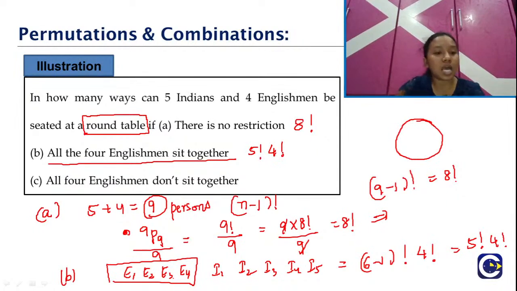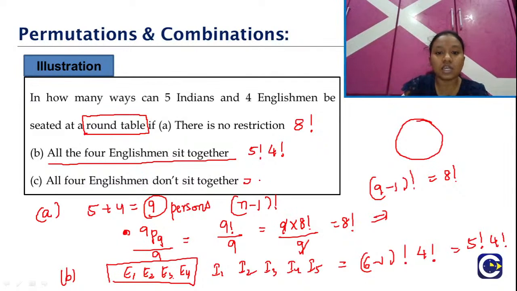Coming to the last one, all 4 Englishmen don't sit together. Just now we have seen the number of ways so that these 4 Englishmen sit together. Now they are talking about don't sit together. If we eliminate the sit together from our total arrangements, then it will obviously be equal to not sitting together.